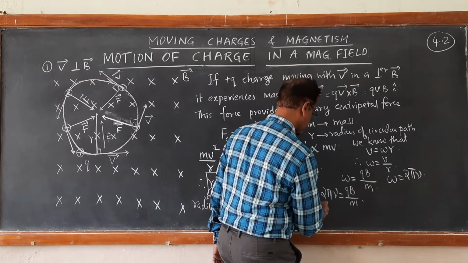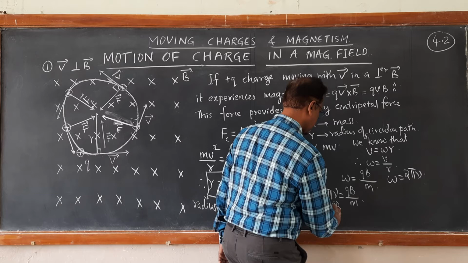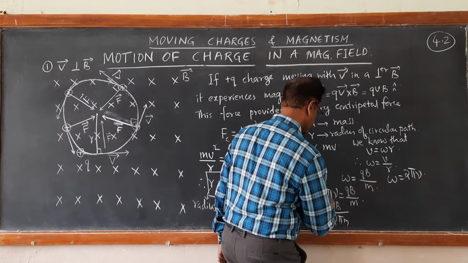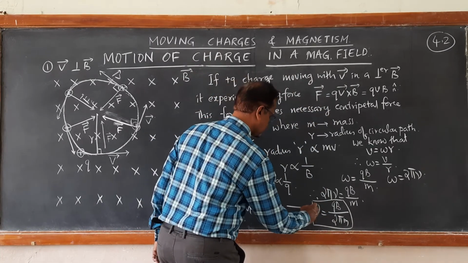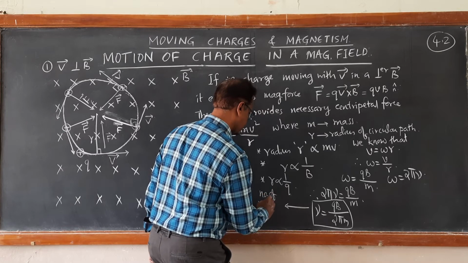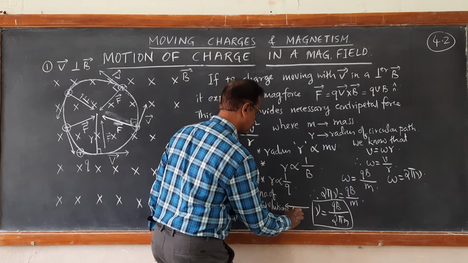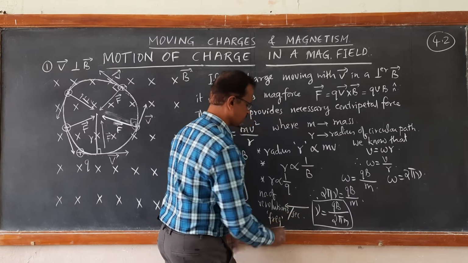That implies nu is equal to qB upon 2 pi m. So this gives you the frequency, the number of revolutions per second. Frequency is denoted by nu.